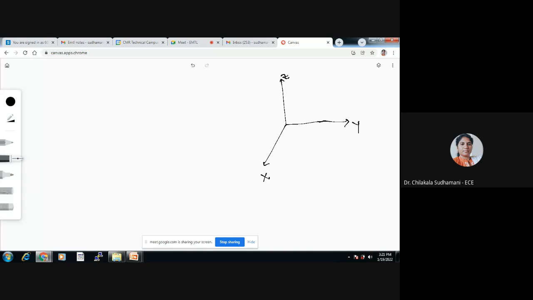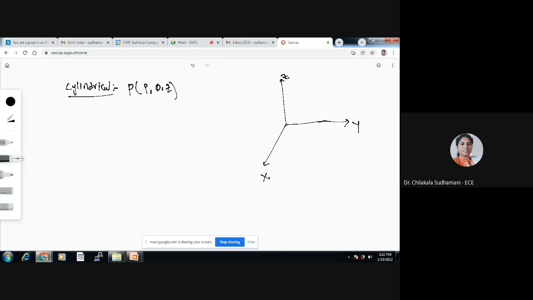For the cylindrical coordinate system, the axes are not x, y, z. The parameters of a cylindrical coordinate system are rho, phi and z. Rho is the radius parameter or distance parameter.